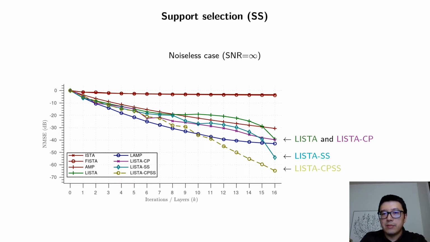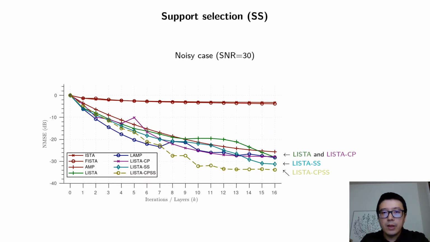This is LISTA and LISTA-CP. There are a few others like learned AMP, approximate message passing, which is better than approximate message passing. The relative positions of these methods still remain the same when we add noise to the measurements. So again, the best one is LISTA coupling with support selection.